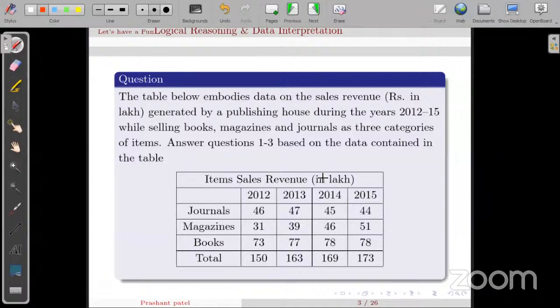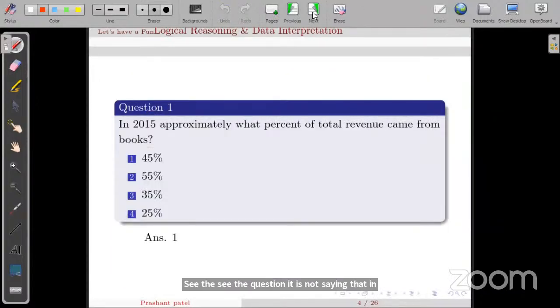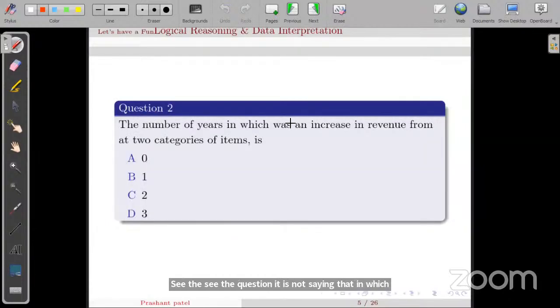In 2 categories you have to see. This is just a simple logical question. No, the question is how many years? See the question. It is not saying in which portion you have an increase in 2 categories, but the number of years in which.